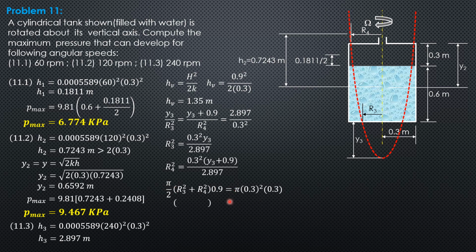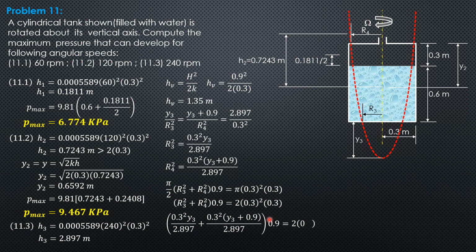Cancelling out pi, we have quantity r3 square plus r4 square times 0.9 equals 2 times 0.3 square times 0.3. Replacing r3 square by 0.3 square y3 over 2.897, and r4 square by 0.3 square times quantity y3 plus 0.9 over 2.897, close, times 0.9 equals 2 times 0.3 square times 0.3.